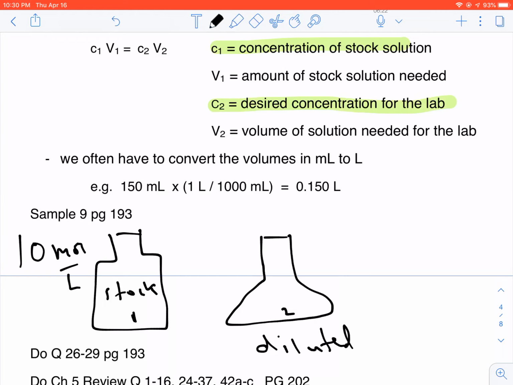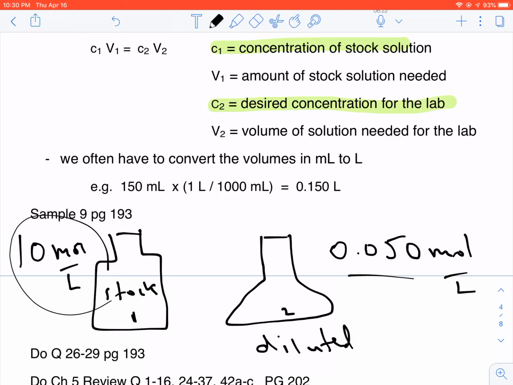And that's very strong. And to do the lab, I need a solution which is 0.050 moles per liter. Right? This is really strong. This is dangerously strong, and this is perfect. So this is C1, it's the concentration of my stock solution, and this is C2, it's my concentration of my diluted solution.